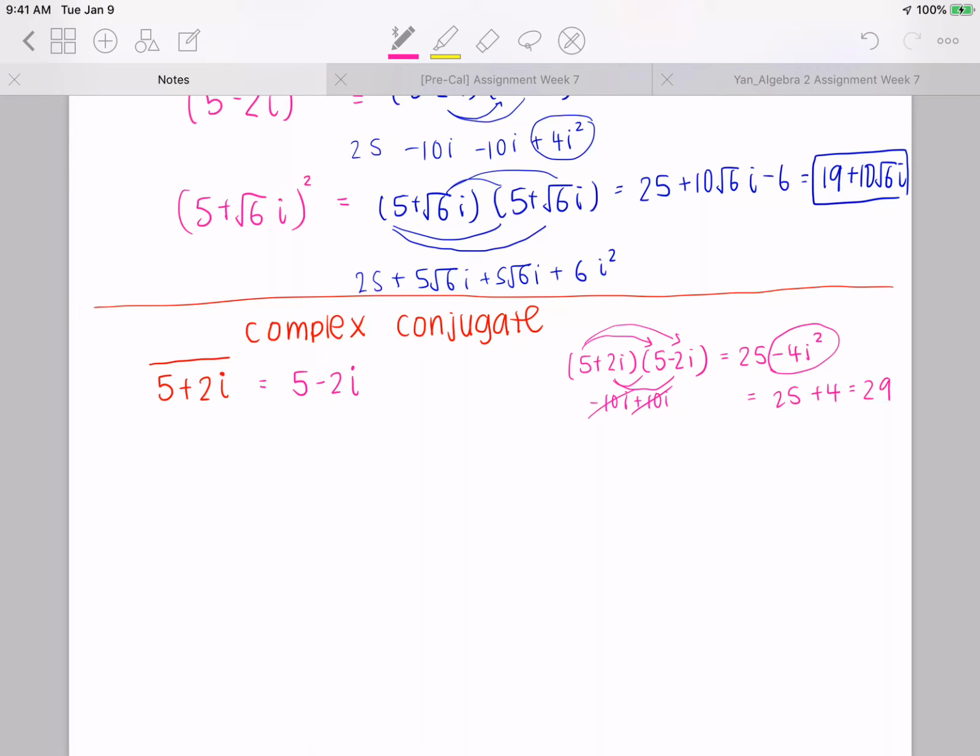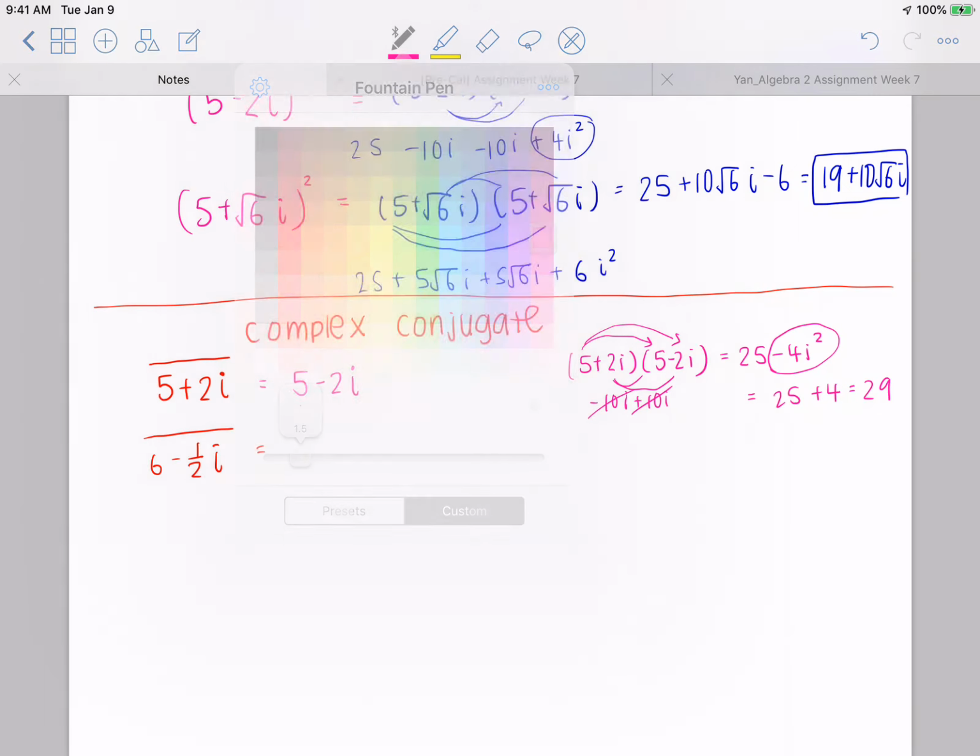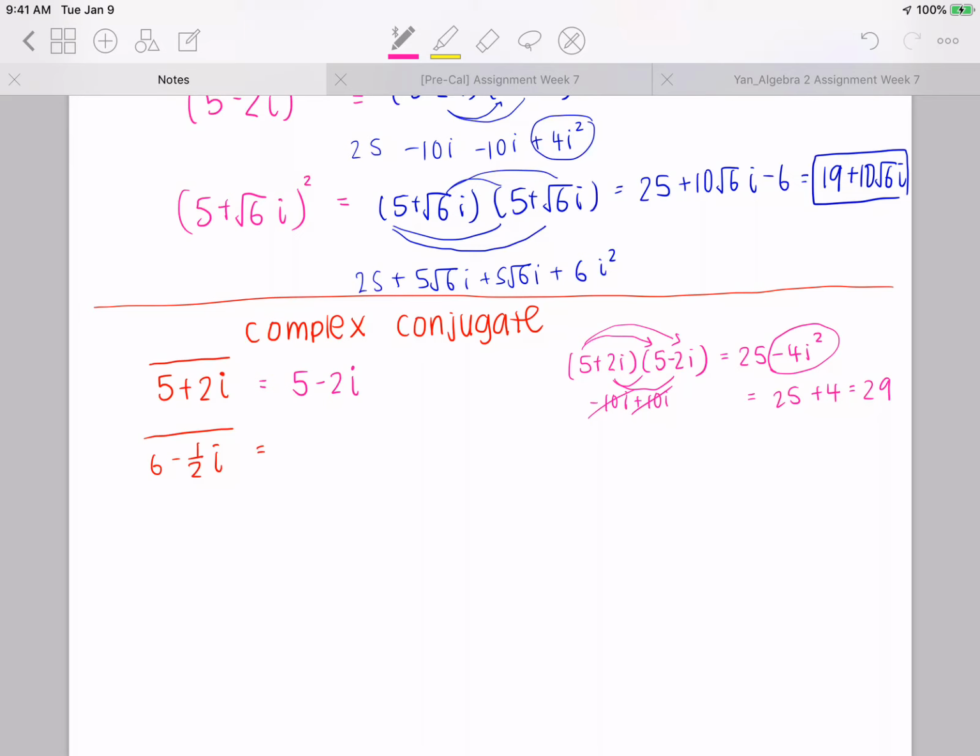The letter i goes away. So that's why conjugate is very useful to get rid of the i's at the bottom. Okay? So again, if I ask for the conjugate of 6 minus 1/2 i, what would this equal? It would just be 6 plus 1/2 i.